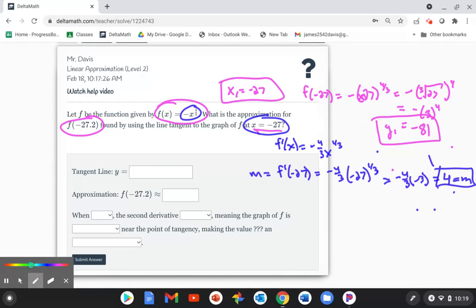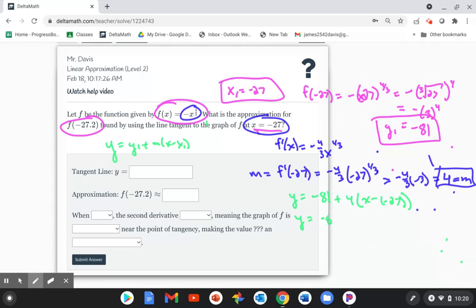All right, now with those 3 things, we can plug them into our y equals y1 plus m times x minus x1 formula here. So we get y equals our y1, which was negative 81, plus our m of 4 times x minus negative 27. Make sure you get the right signs there. So it's minus negative, which will become a plus, obviously.